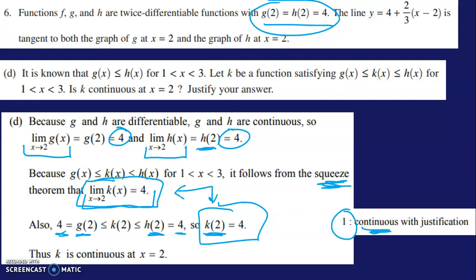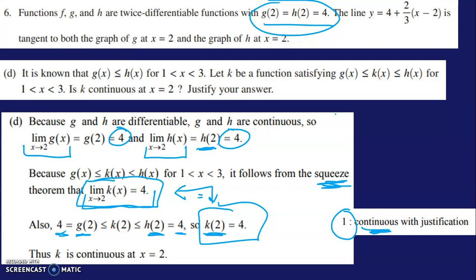Because these two things are equal to each other, we're allowed to say that k is continuous at x equals 2. So again, a lot of work to earn 1 point. But the squeeze theorem has to do with limits, and it says that if two functions approach the same value and there's a function trapped in between them, it will also approach the same value.